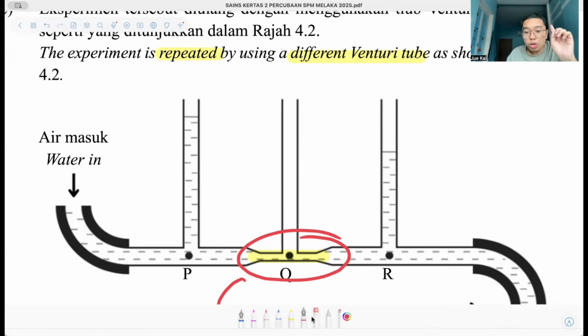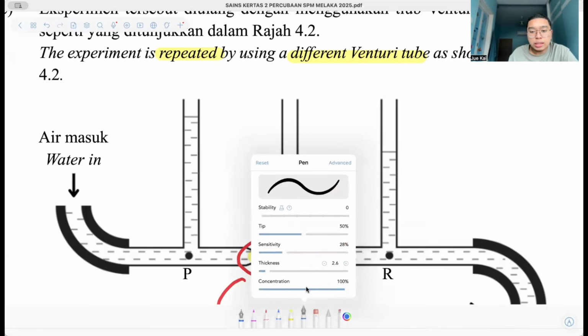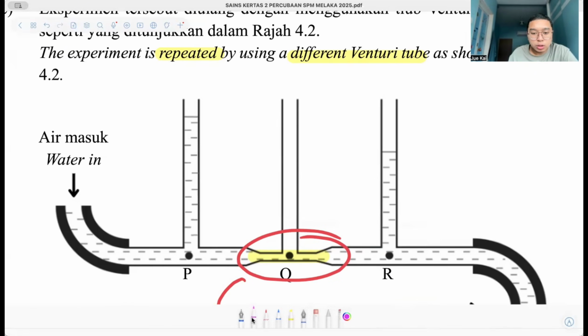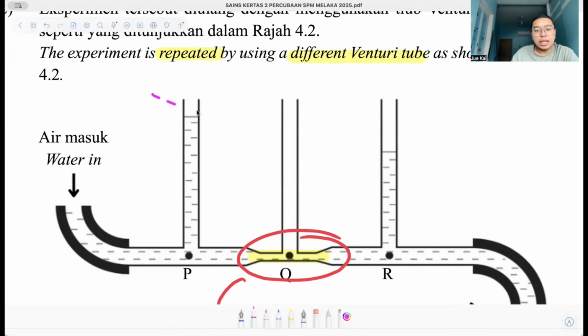Before you draw, I tell you, be careful, don't say I didn't tell you. Make sure to draw the dotted line. Make sure you draw the line like this.